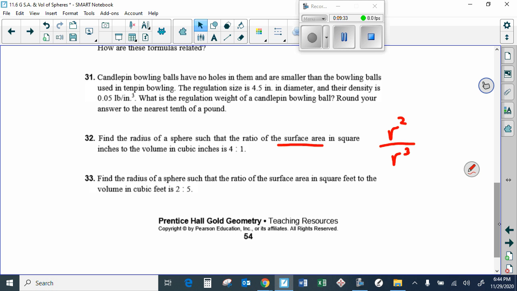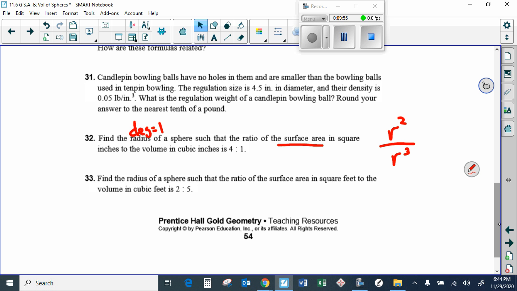Radius is degree 1. This is degree 2 for surface area, degree 3 for volume. The ratio of the surface area in square inches to volume is 4:1, so the surface area is going to be 4 times as great as the volume.